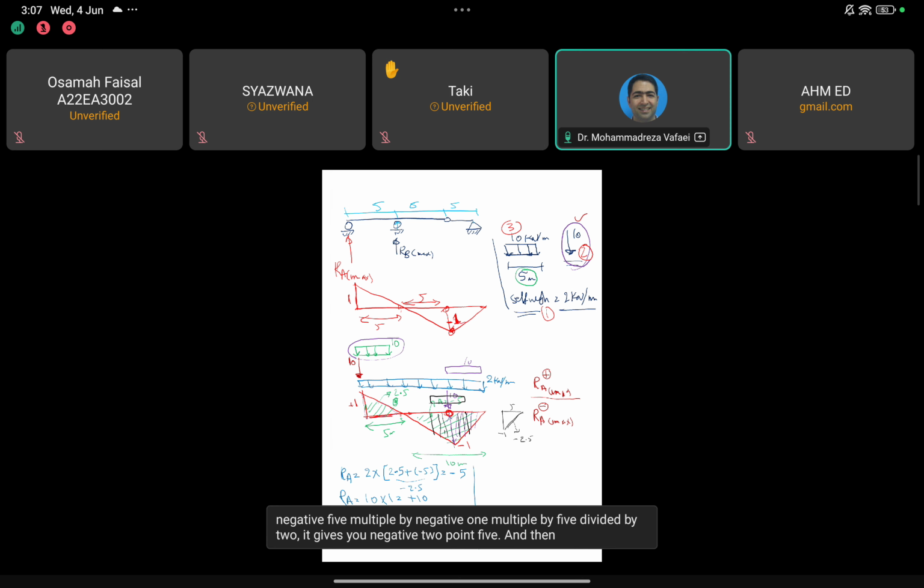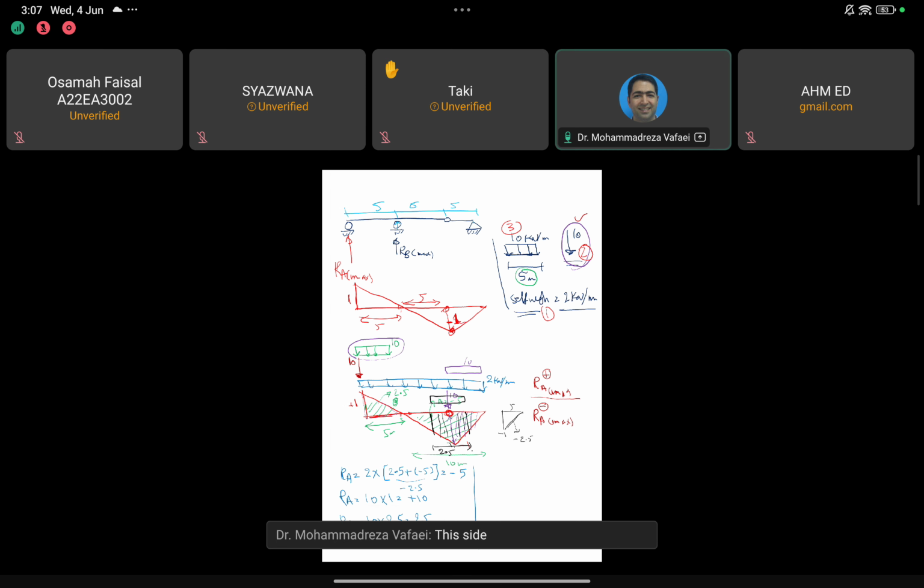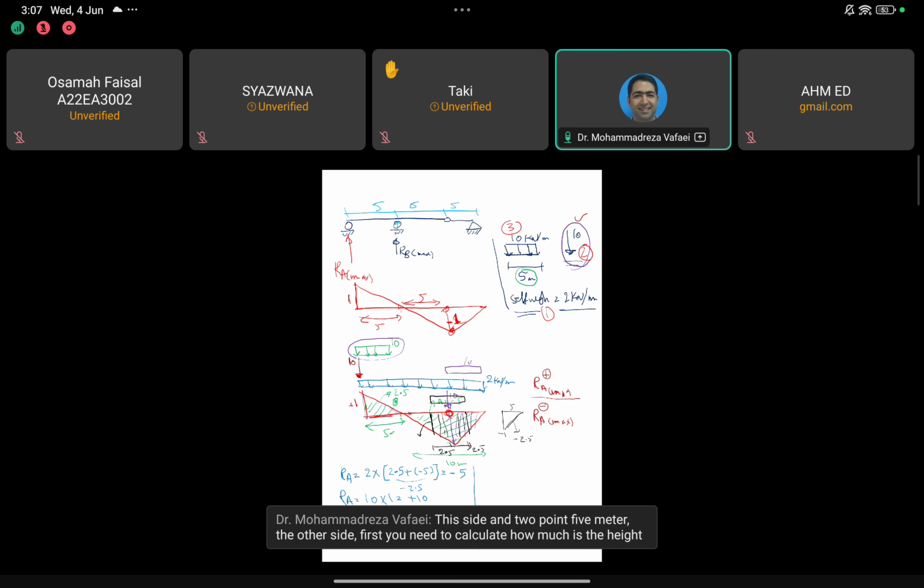And then for this one, which is 2.5 meters this side and 2.5 meters the other side, first you need to calculate how much the height is. So this x has to be calculated, which is going to be 0.5 because we are right in the middle, so negative 0.5. So right now you have this area to calculate. Here is negative 0.5, negative 0.5, negative 1, and here is 2.5 and 2.5.